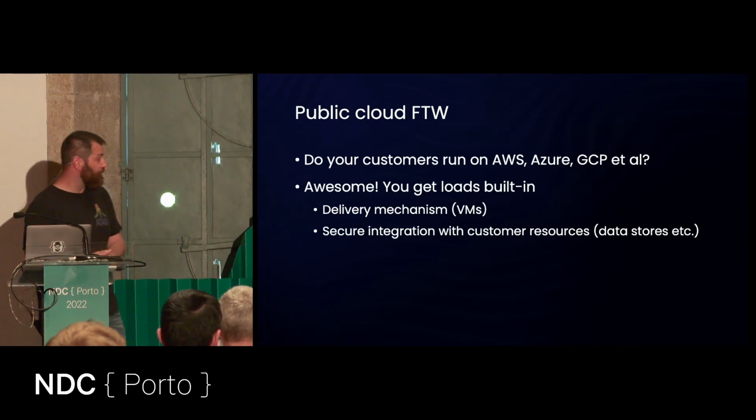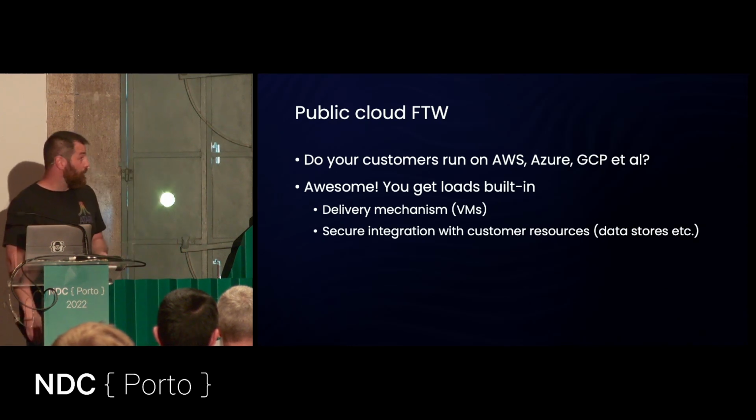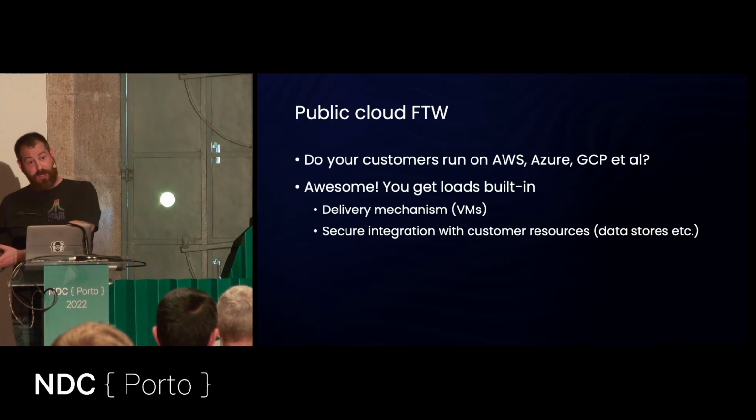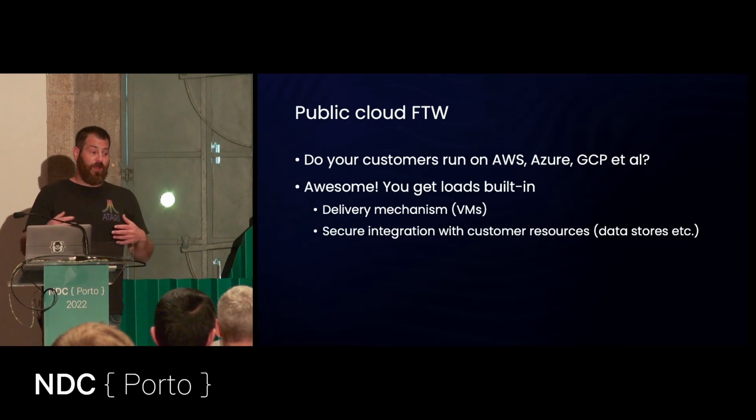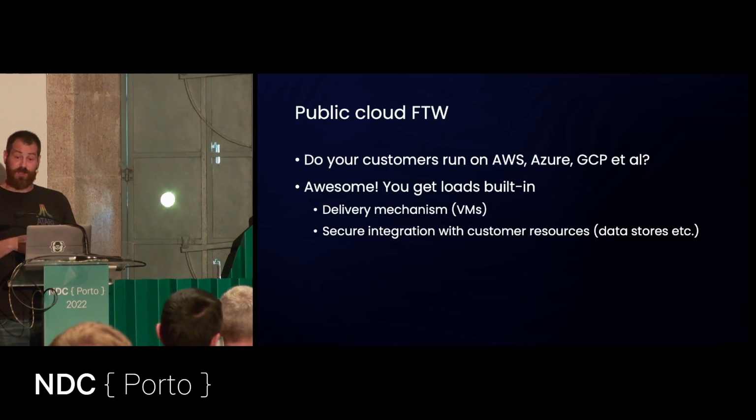So for instance, if whatever software you're working on requires access to customer data, and a lot of them do, and your customer is already running on, say, AWS or GCP or any of the public cloud providers, those come with their own identity management subsystems and security subsystems and access control subsystems that your prospective customers are already bought into, right?